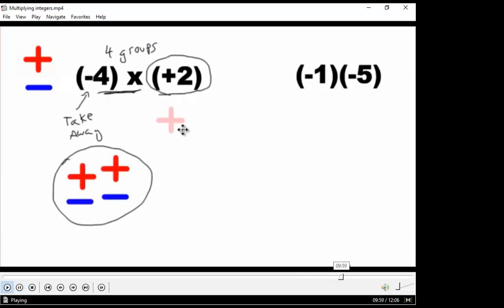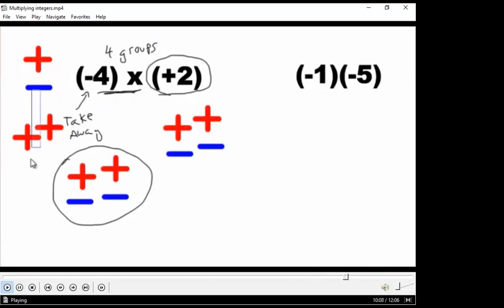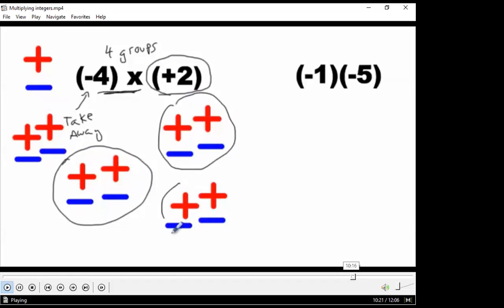So we will use positive and 0 pair. 2, 1, 2, and then 1, 2. 0 pair in each one. Okay, 1, and then 2, and then 4. So this is the first step.